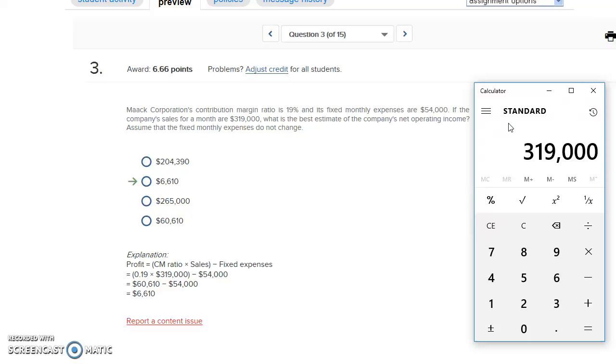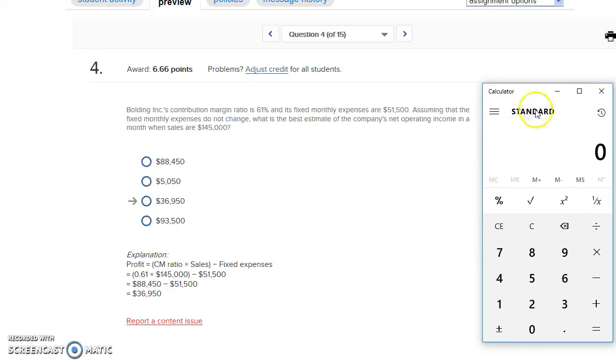The cost of our bikes is 81% of that. So we have 19% left. So we have 60,610 left after the cost of what we paid for it was. So our monthly fixed expense is 54,000, which means we only have $6,610 left.